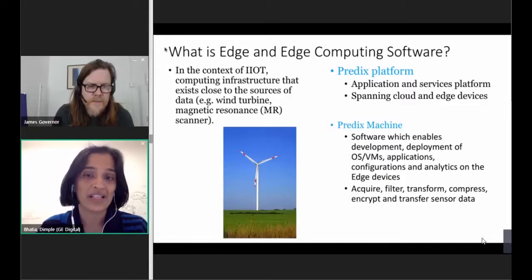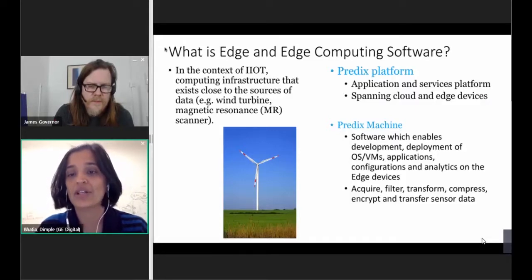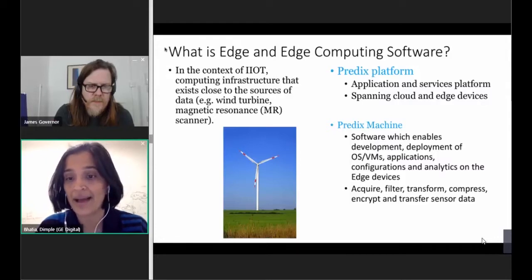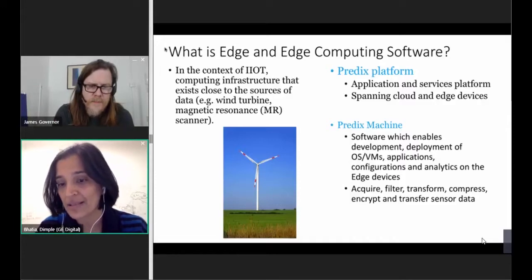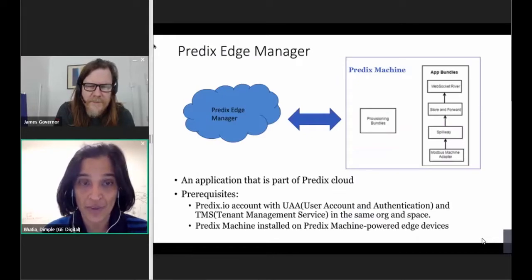And then within the Predix platform, before I go to the Edge Manager, we have Predix Machine. So Predix Machine is not hardware, but it's actually software that's installed on the edge devices. And it enables the deployment of software updates, packages, Docker containers on the edge devices. So now let's move on to Predix Edge Manager.